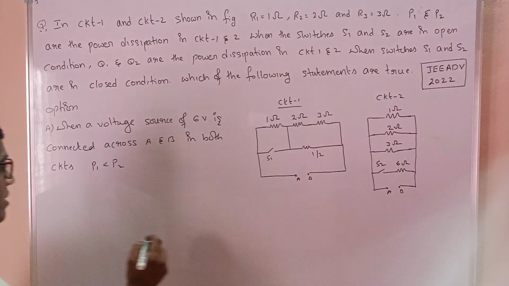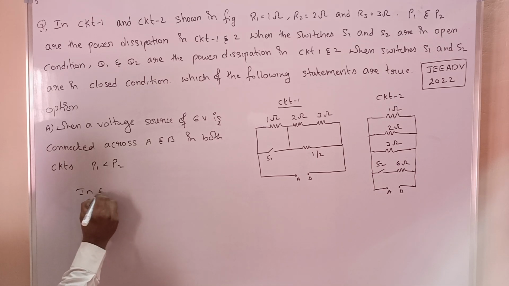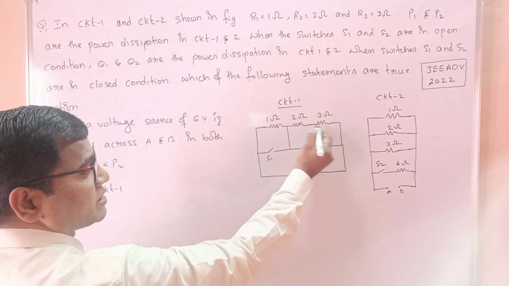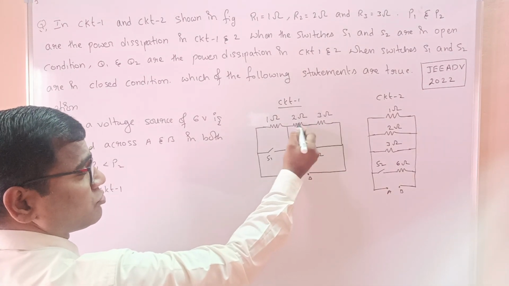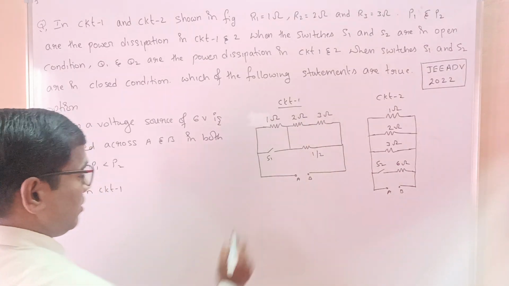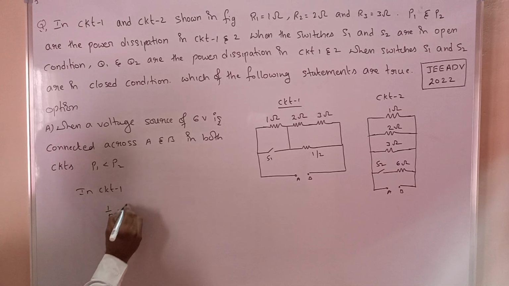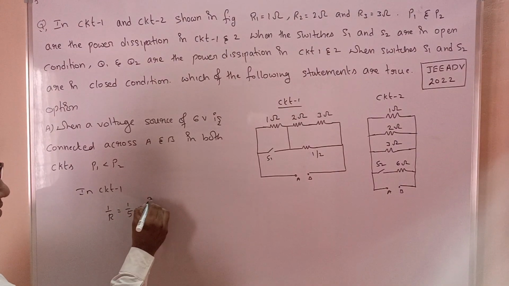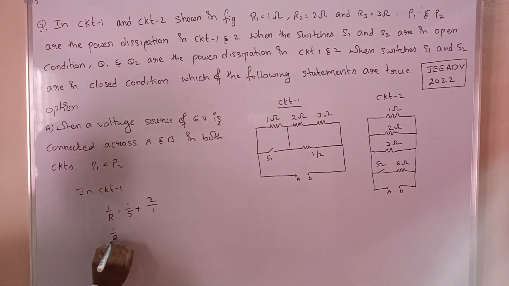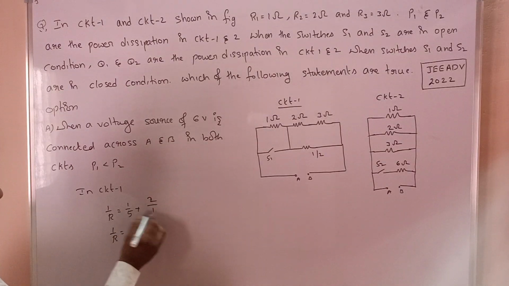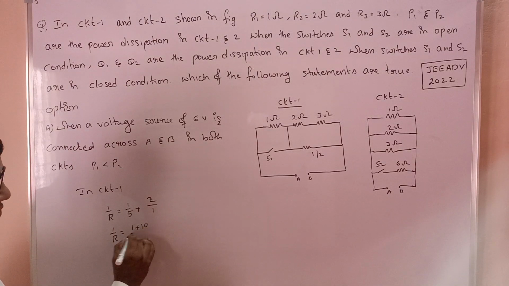We will find that in circuit 1, these two are in series. In series, the formula is R1 plus R2, which here is 5, and this 5 and this 1 by 2 are in parallel. So 1 by R is equal to 1 by 5 plus 1 by 2, which is 1 plus 10 by 5, equal to 11 by 5.